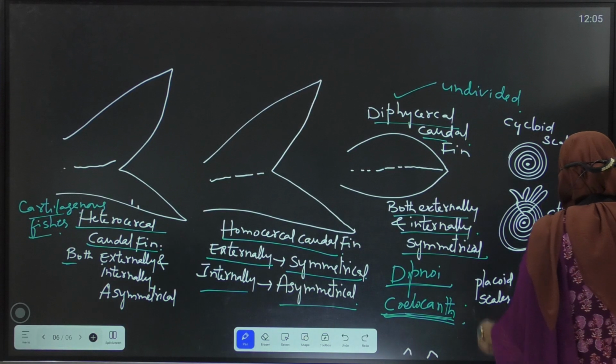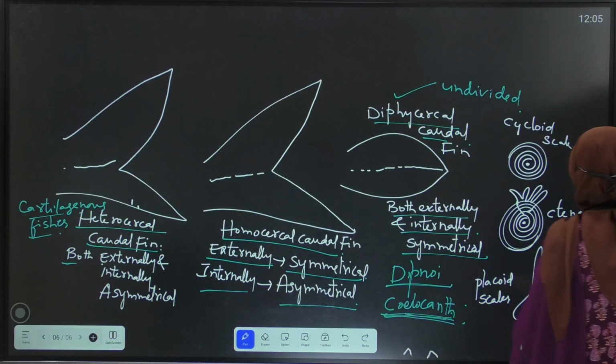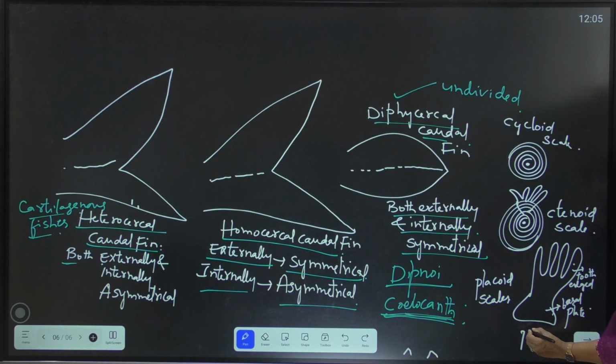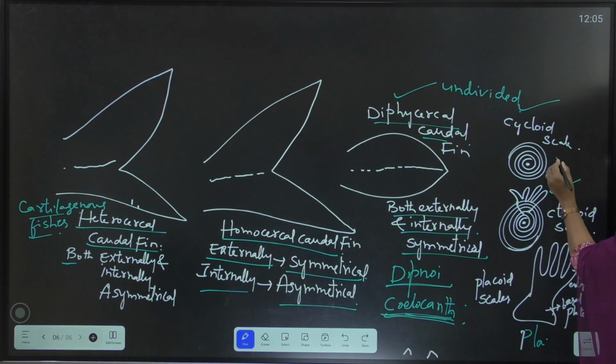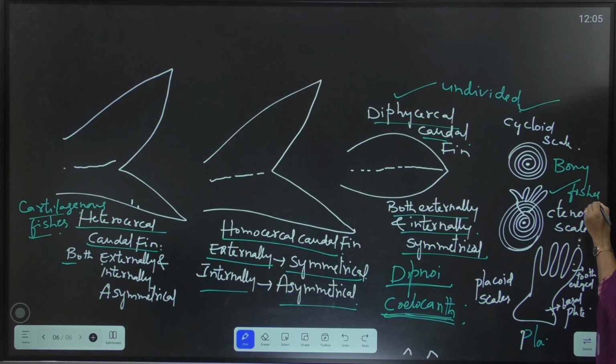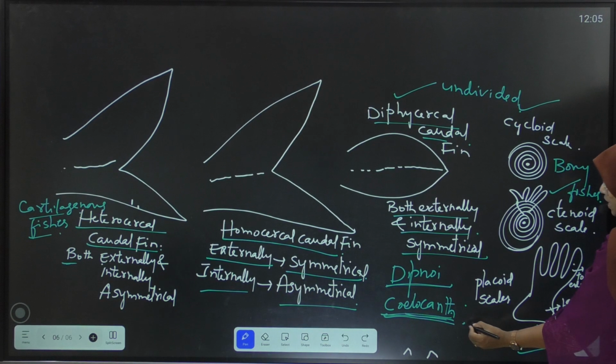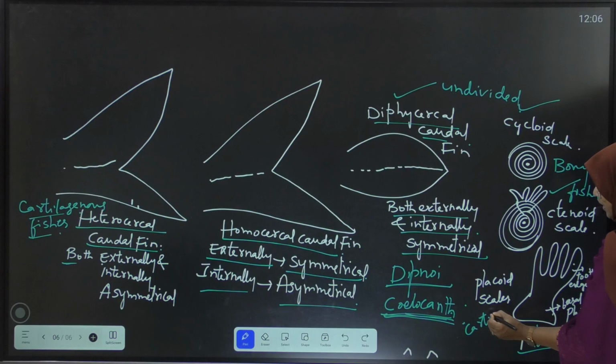Next, about types of scales. In bony fishes, cycloid scales and ctenoid scales are present. Placoid scales are found in cartilaginous fishes.